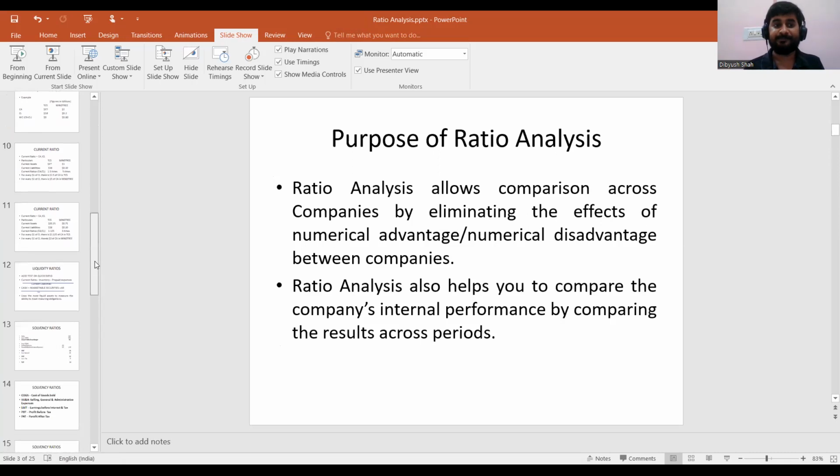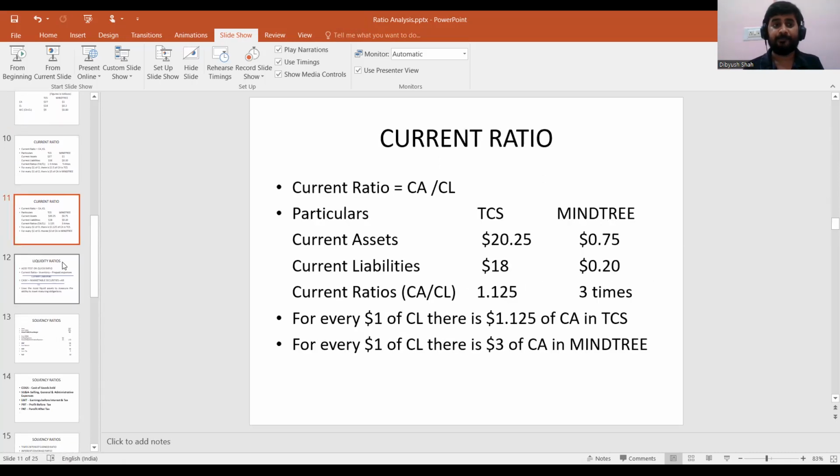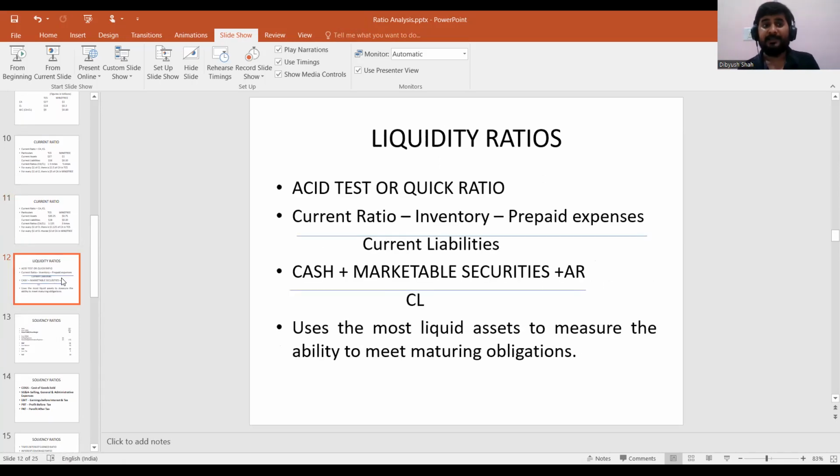First purpose. This is your second liquidity ratio. This says let's take it further liquid. How do you take it further liquid? They say let's include only those current assets which you can immediately liquidate to pay your current liabilities.